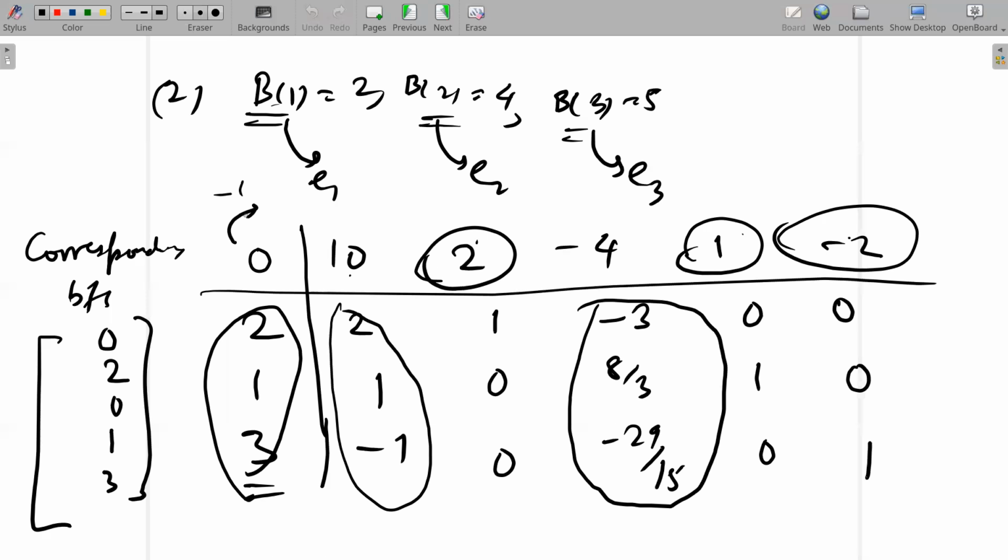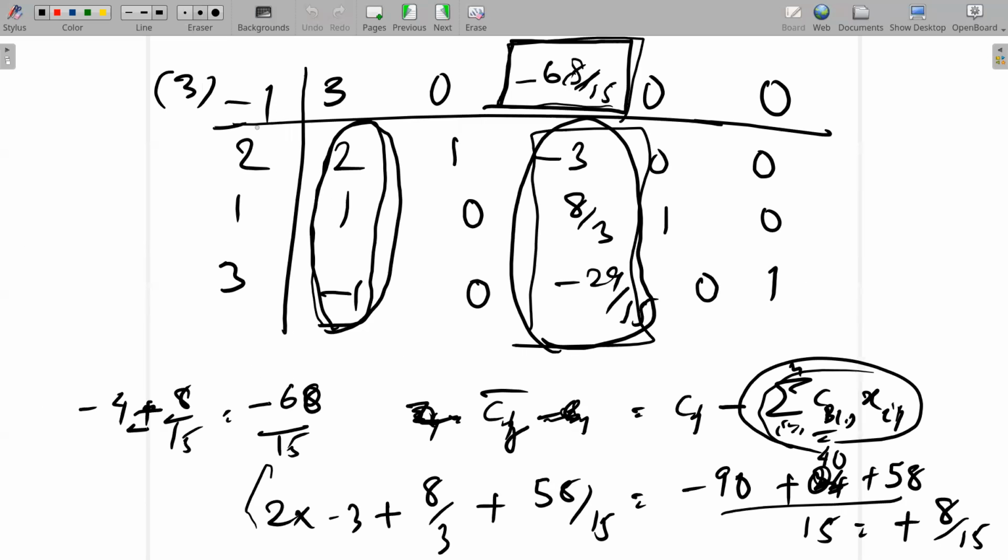But that also we can immediately see, because what is the current BFS? It is 0, 2, 0, 1, 3, right? So if I put in the cost function, 10 times 0, you can immediately see why that is going to be the case, simply because the other cost variables evaluate to 0. 10 times 0, 2 times 2 is 4, minus 4 times 0 is 0, 1 times 1 is 1. So again, 5 minus 6, so minus 1.